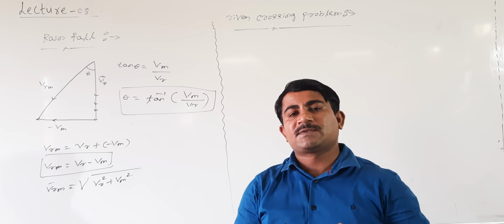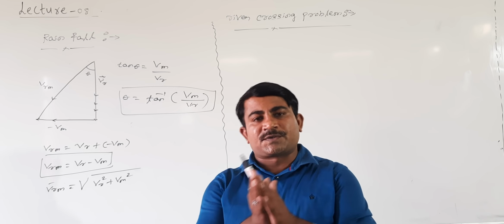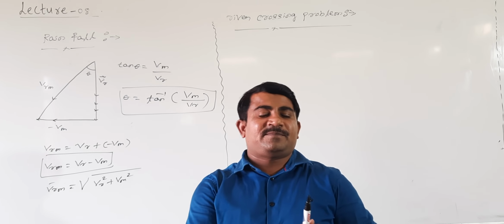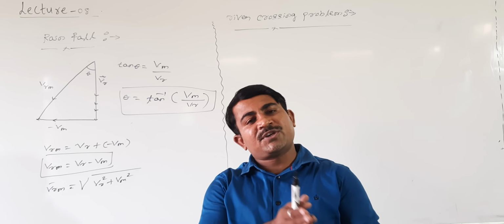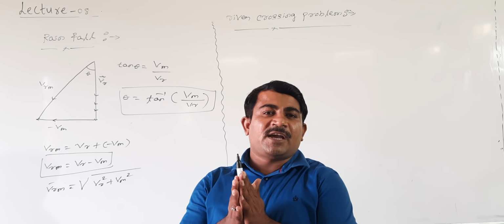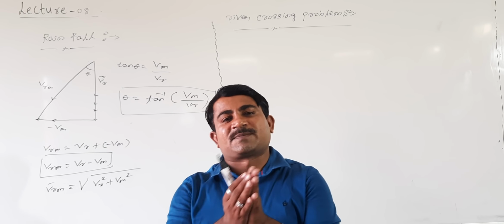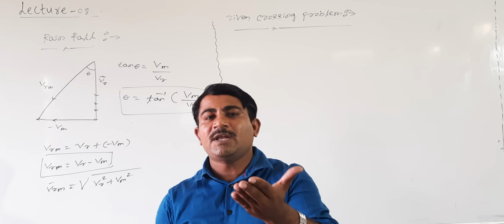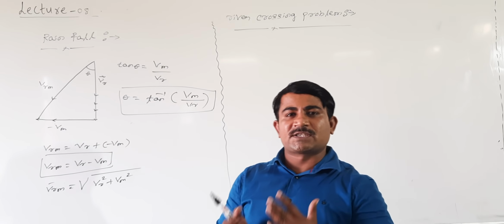Now, students, let us take a person crossing the river. The person can cross the river in two ways: shortest time with the longest path, or shortest path with the longest time. Both cases we will see.